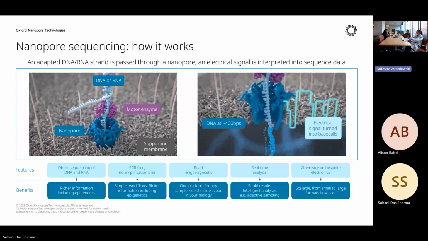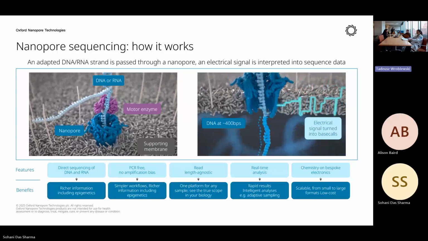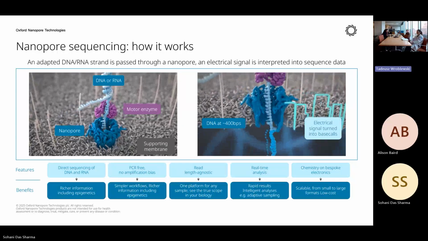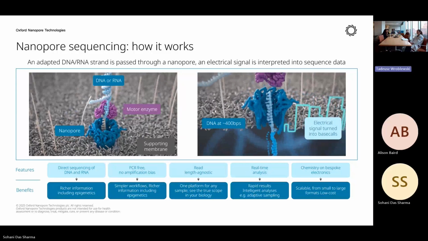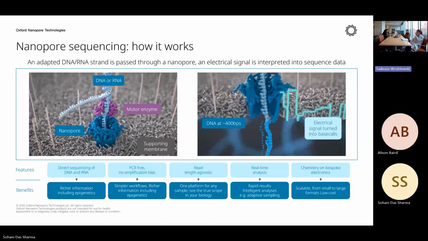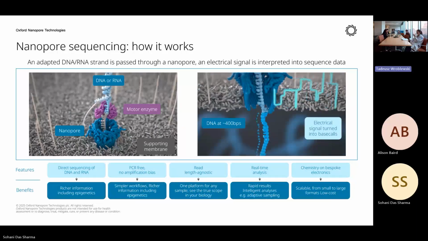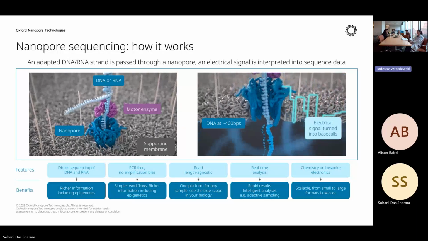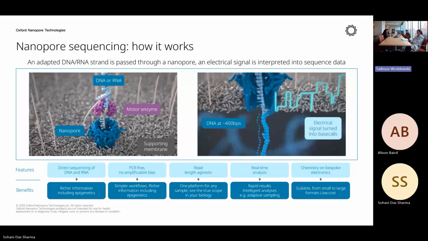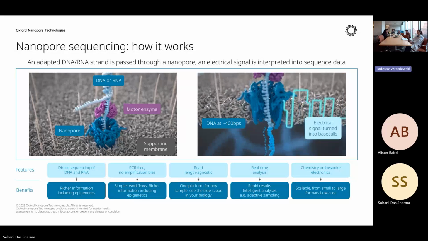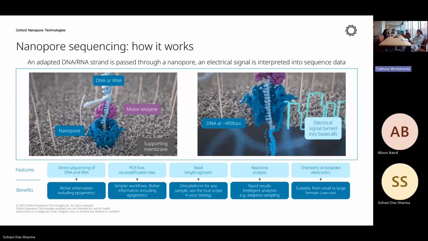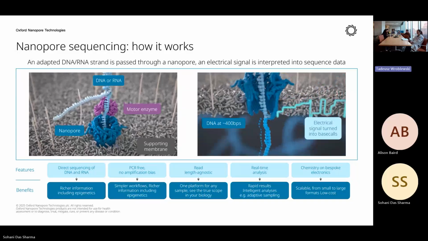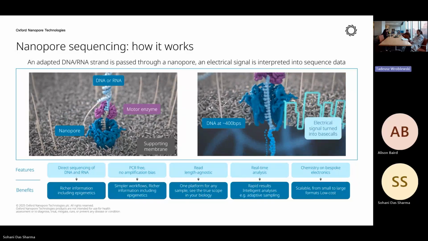Today, at least for the first hour, I'm going to give you an overview of how nanopore chemistry works, a little bit about adaptive sampling, different types of libraries you can do using nanopore, and then, specifically in the cfDNA context, what QC measurements are required before you move to the library preparation phase.